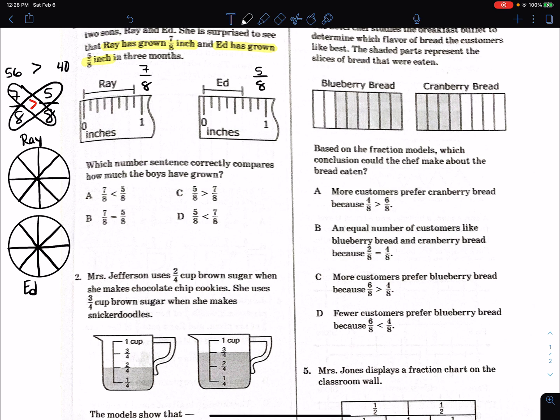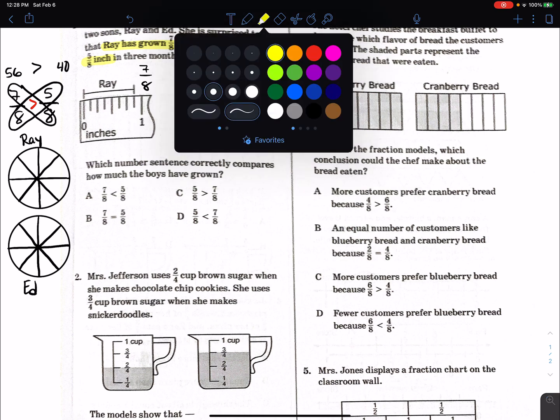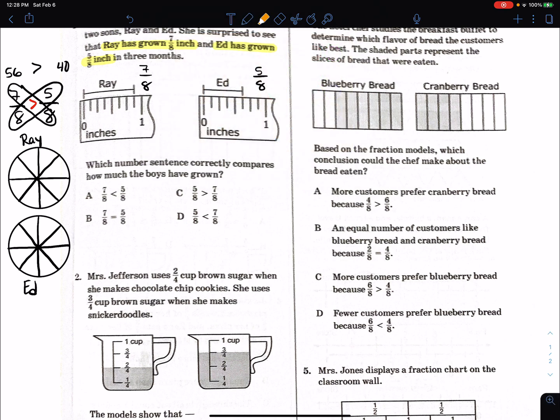Okay, so we know that Ray grew 7/8 inches, so I need to color in 7. So 1, 2, 3, 4, 5, 6, 7. And I know that Ed grew only 5.